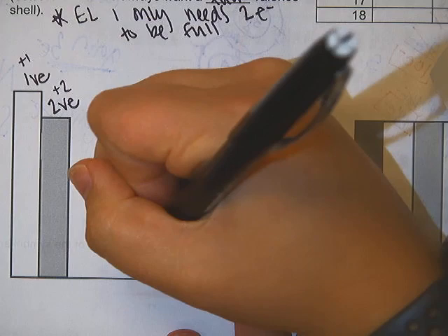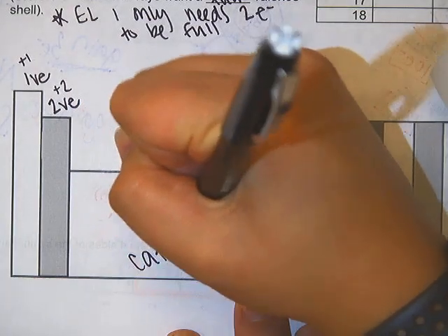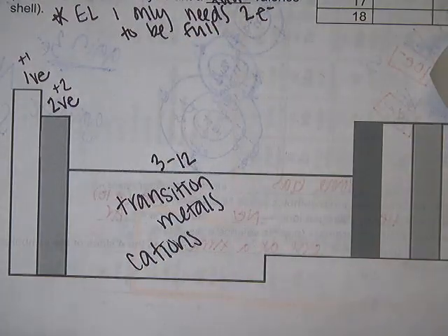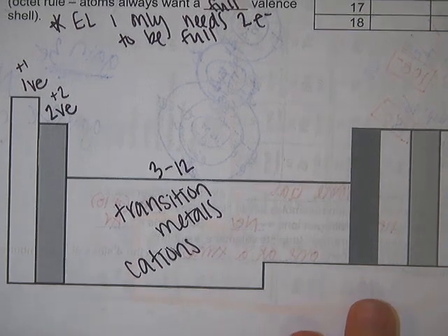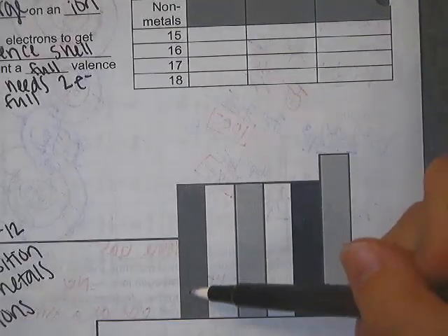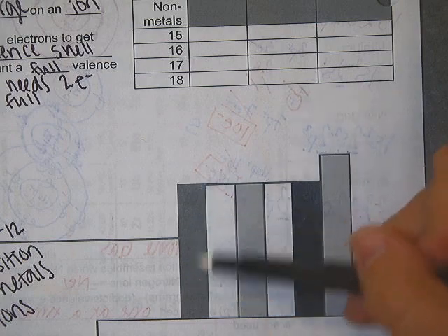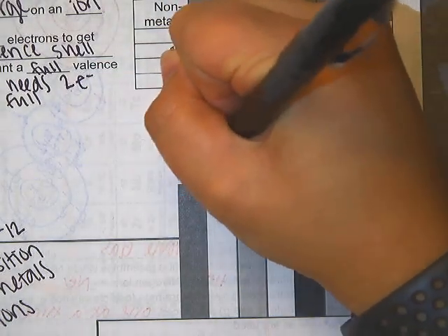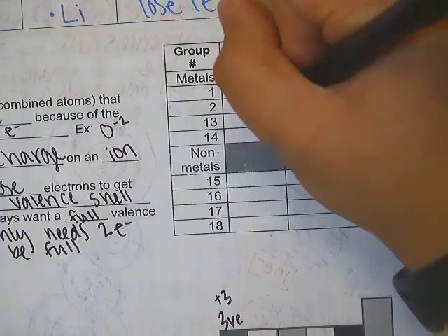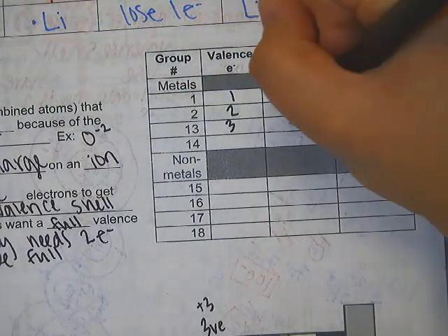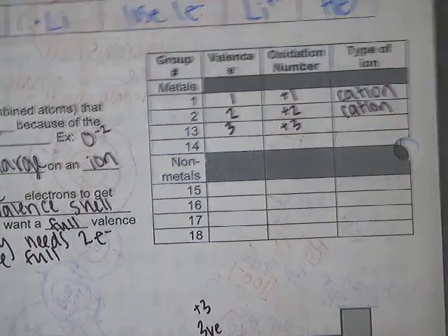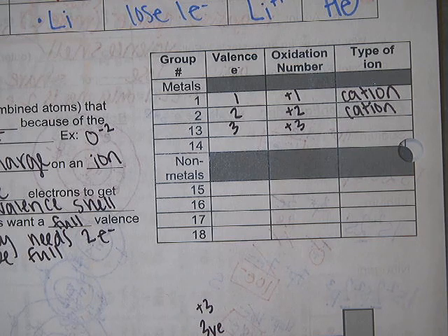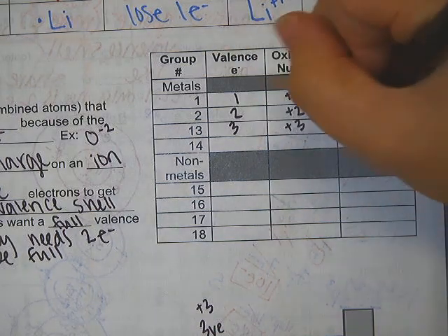They are also cations, but they have variable charges. So they're going to be positive, but the actual number associated with it changes. Group 13 is this next tall one. This has 3 valence electrons and a +3 charge. What type of ion would we call that? A cation.